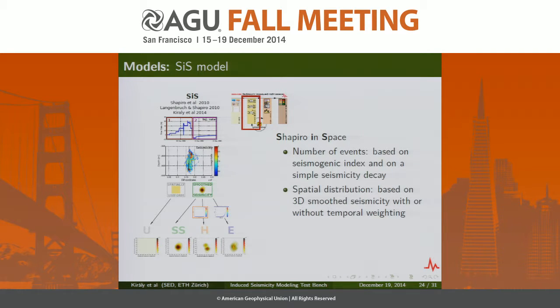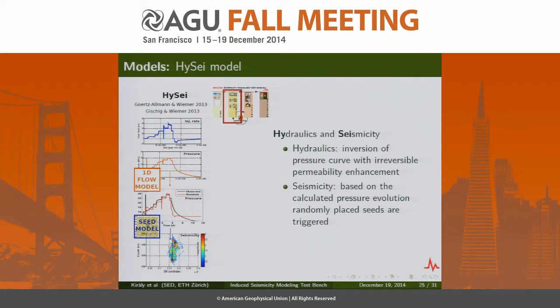This can give us a good approximation of where future earthquakes can occur. Here you can see some sub-branches. I won't talk about these in this talk. These are just temporal weighting that we added on top of the smooth seismicity. I will talk about this green one and the uniform model in the next slides.